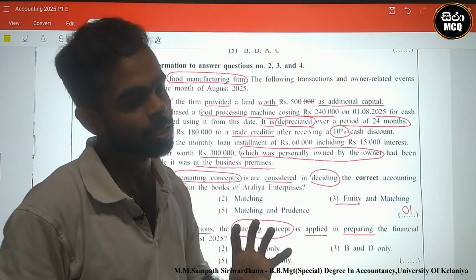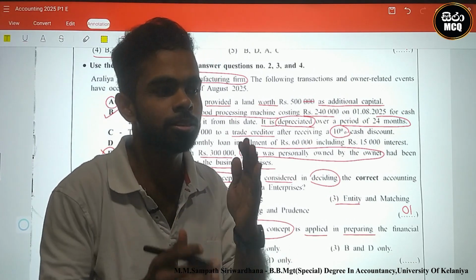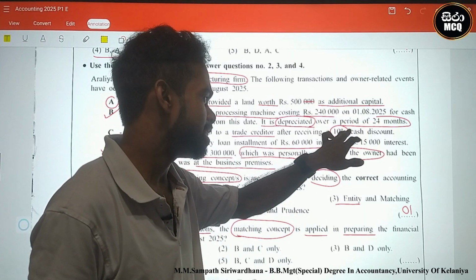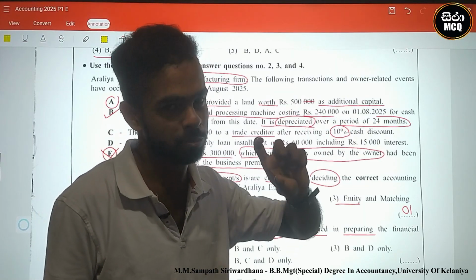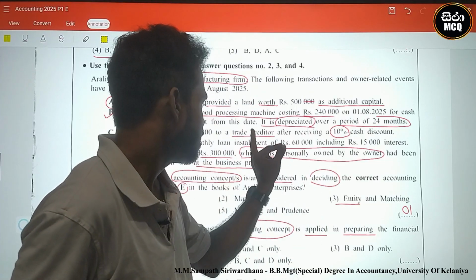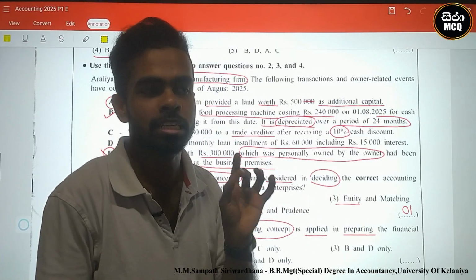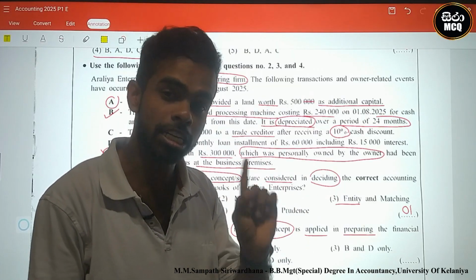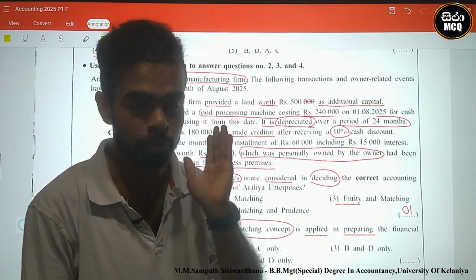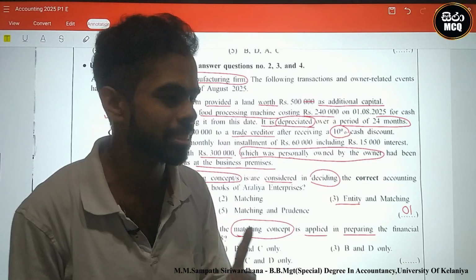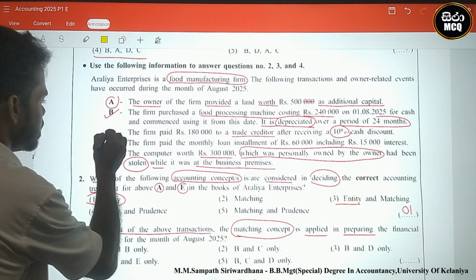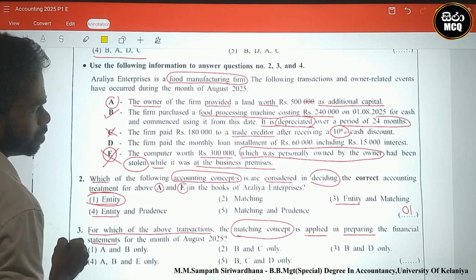Trade creditors relate to discount received. Discount received means income, not expenses. This is not related to the matching concept, because we are looking for expenses.